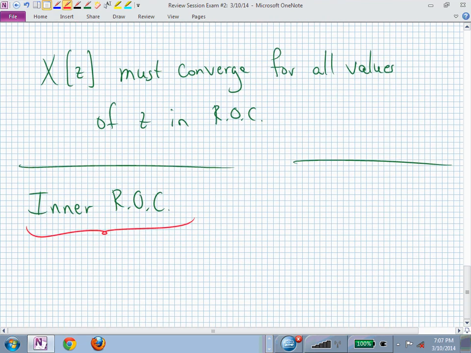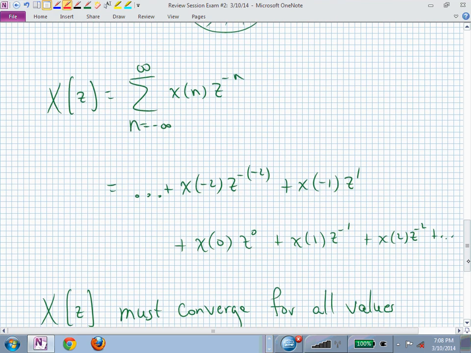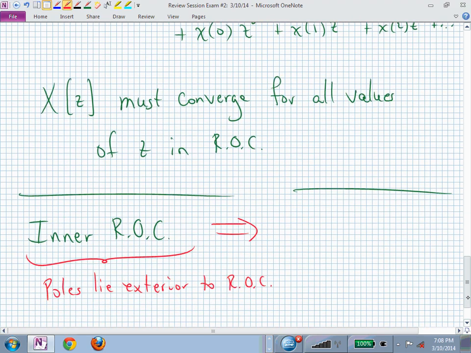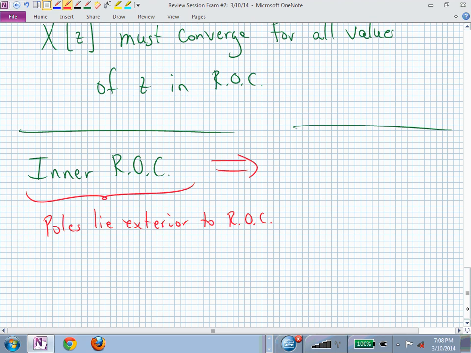So with an inner region of convergence, the poles lie exterior to the region of convergence. But what did we say examining this transform? This told us that we can only have non-zero values of our time index for what values of n?